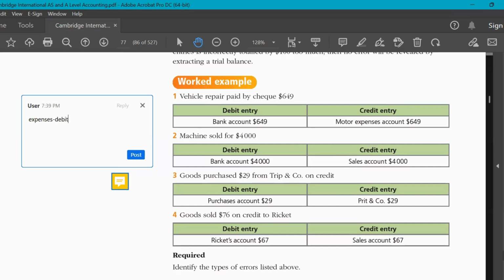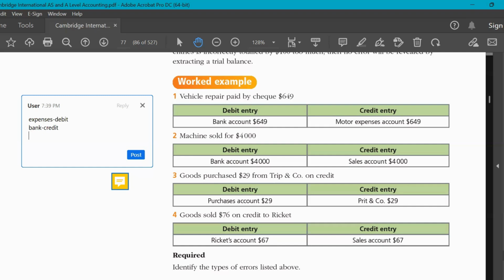And again, the credit will be the bank, because you have the cash out, right? The cash out. So every time that there's an expense, it's a debit. And then of course the credit side should be the bank of 649.